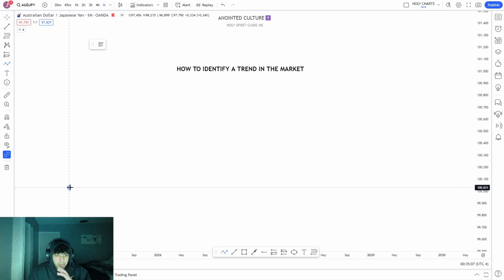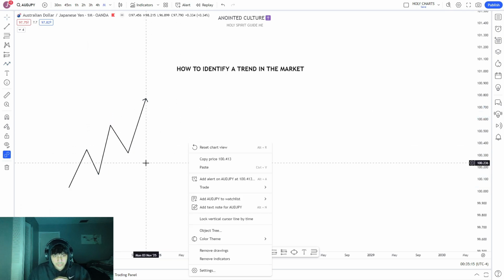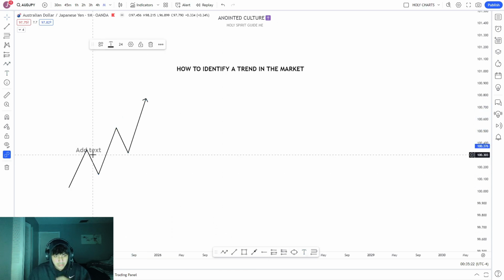So in an uptrend, market makes a high and then makes a higher low and then a higher low and then a high. So this would be a high. So we have a high here. This is a high. Then we have another high here.